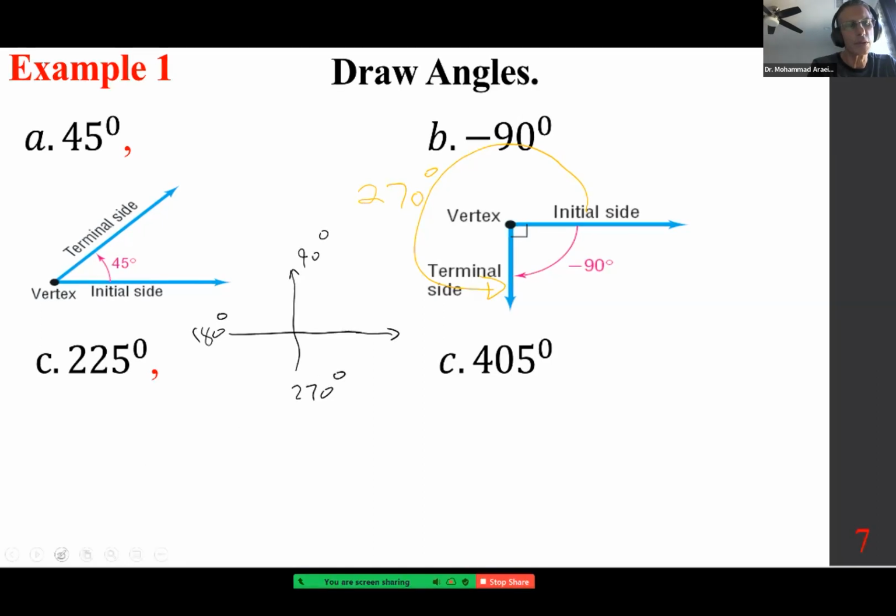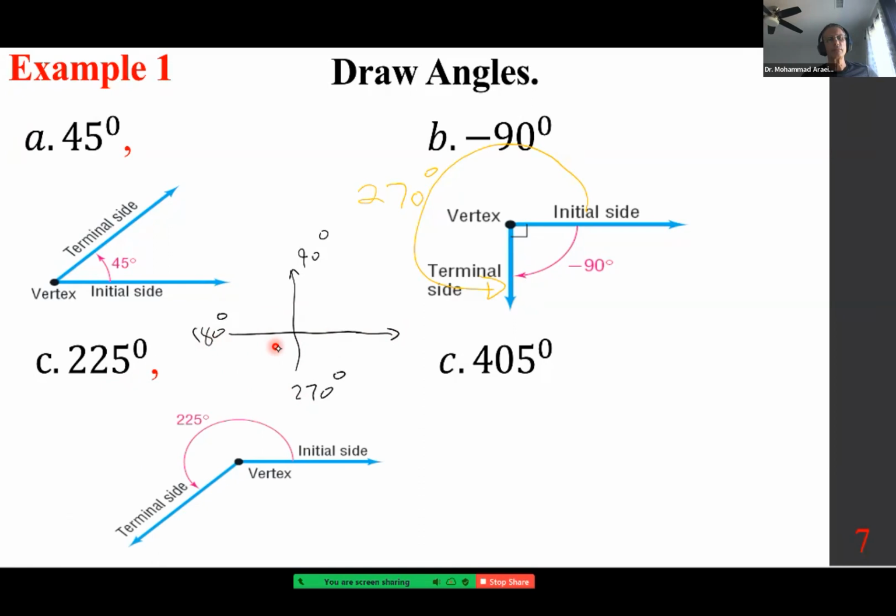This corresponds to 270 degrees, or 3 pi over 2. We recognize this means if this is the initial side, 225 is between these two numbers. So that would be the terminal side. So 225 degrees in the positive direction.